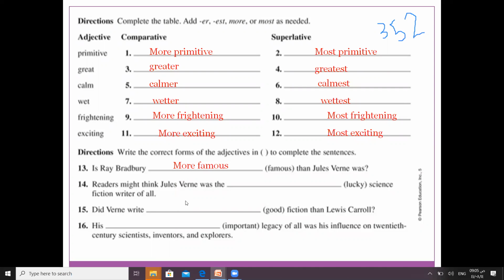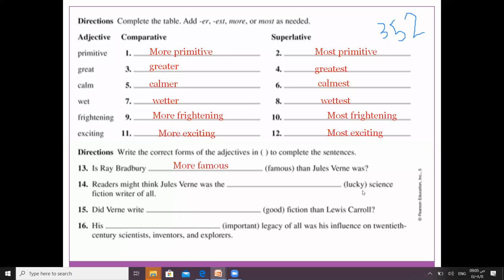Luckiest. Are we comparing between two or more than two? More than two. This is superlative, right? What is the correct answer? Luckiest. Yes, but notice what we have at the end.